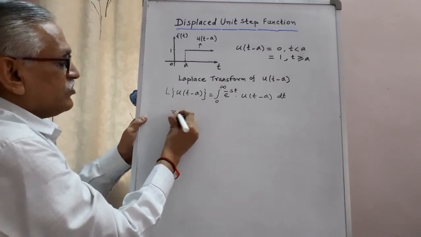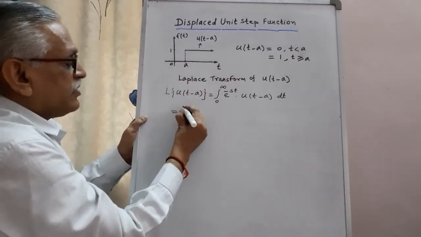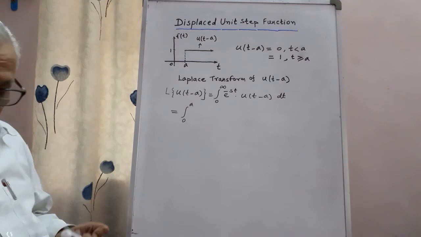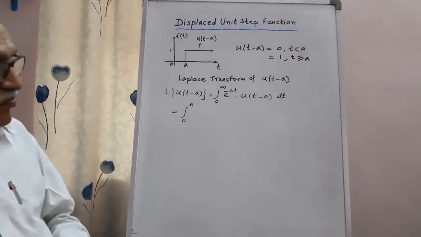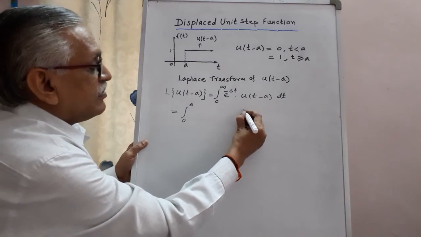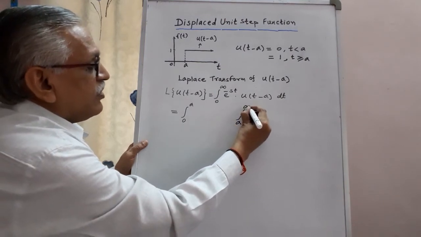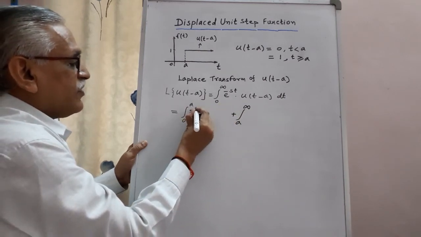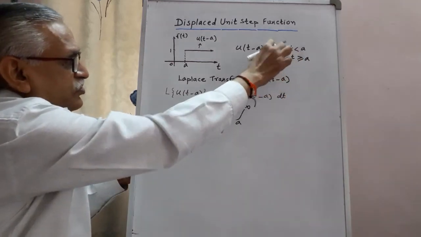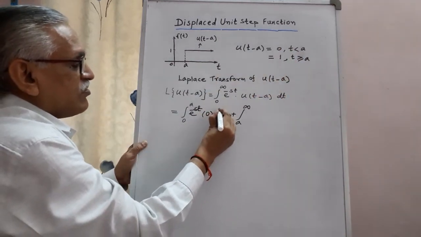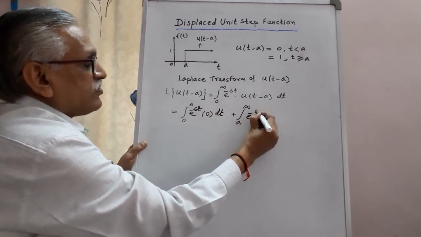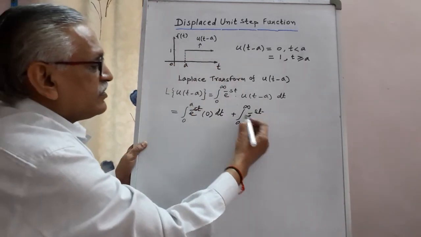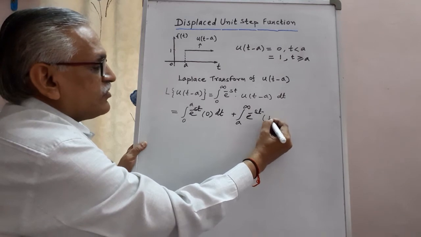This 0 to infinity we have to split as the integral from 0 to a and the integral from a to infinity. In between 0 to a, the value of that function is 0, therefore into 0, and e raised to minus st. From a onwards up to infinity its value is 1, therefore the value of U of t minus a we substitute as 1.